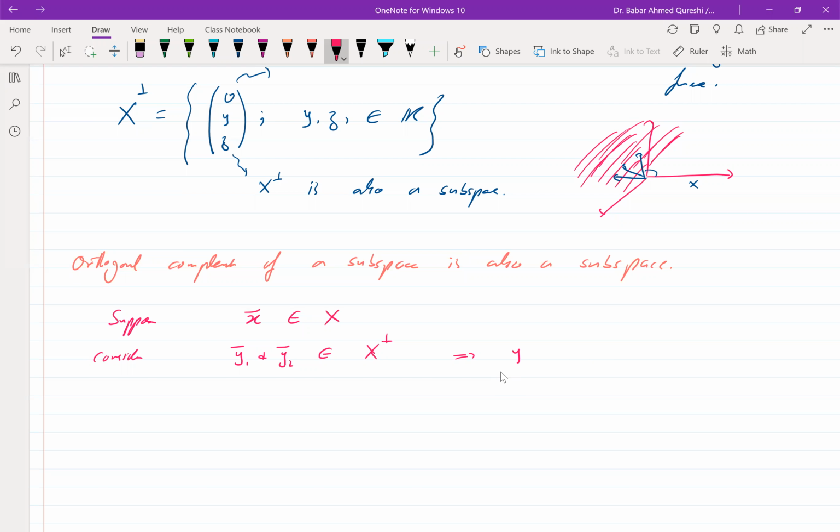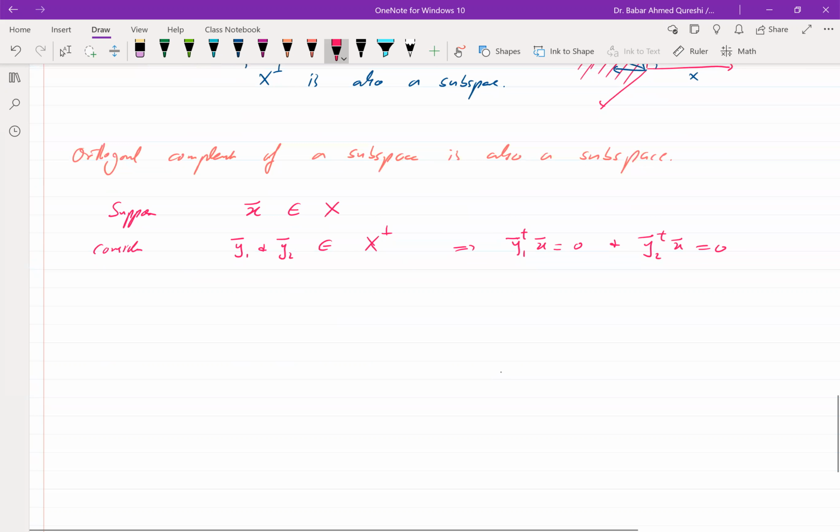This implies y1 scalar product with x is 0 and y2 scalar product with x, which I'm writing as a transpose, is 0 because they both belong to the orthogonal complement. So every vector in the orthogonal complement has a 0 scalar product with the vectors in X.